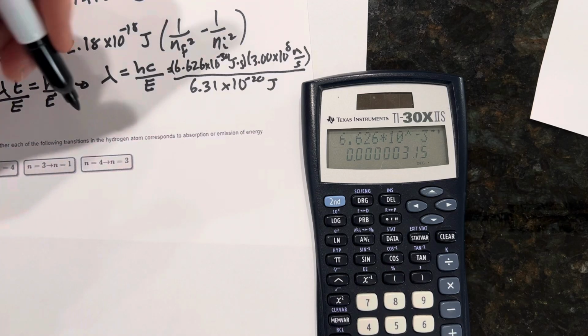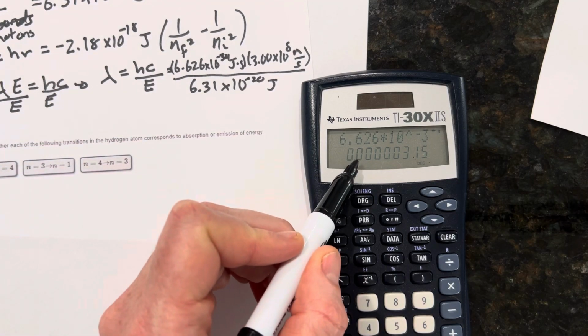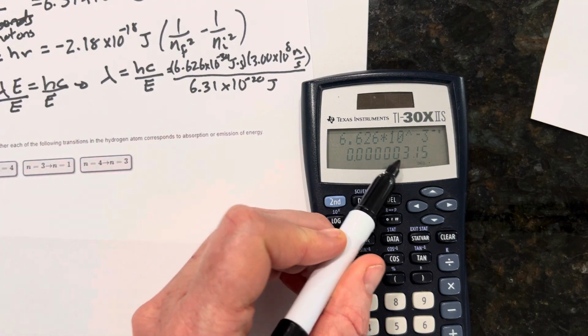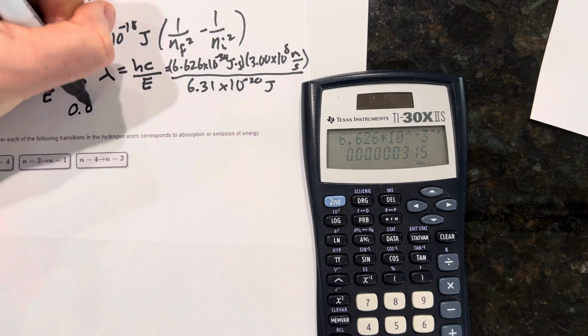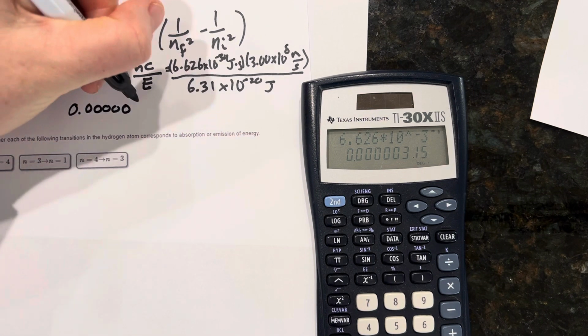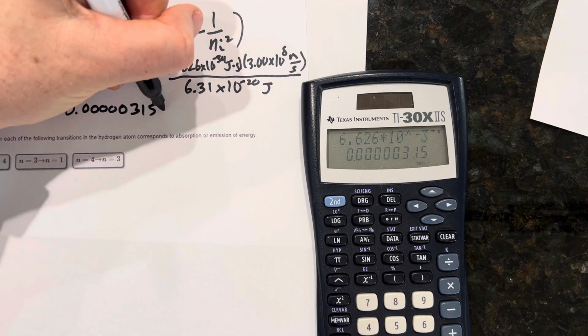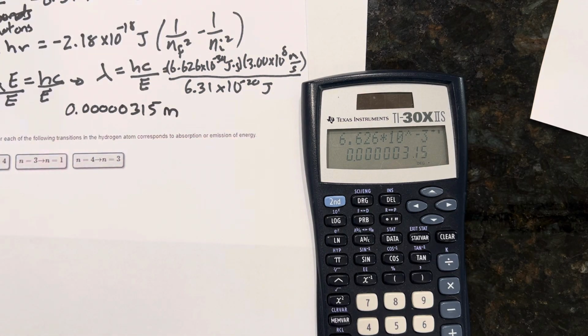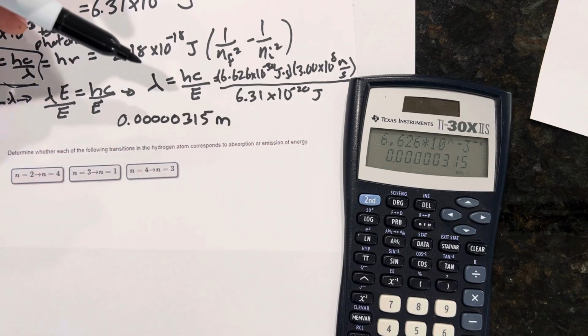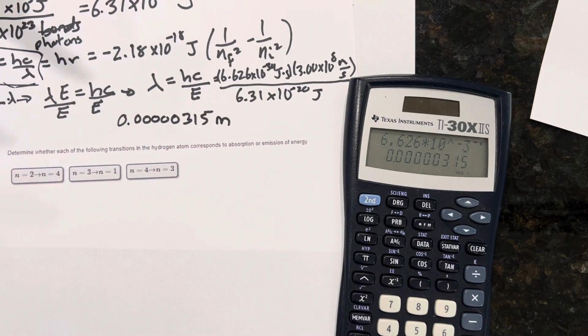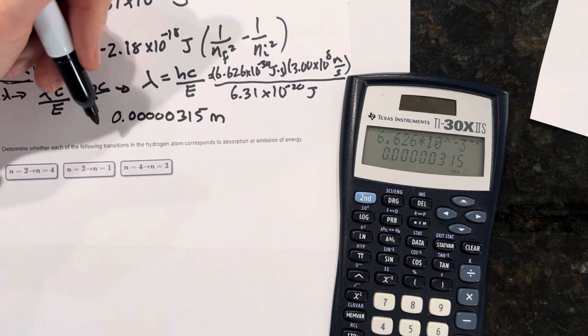Woo! And it's gonna make me count the zeros. I've got 1, 2, 3, 4, 5 zeros and a 3, 1, 5. Meters. So I'm not sure, I didn't copy the question all the way, but it probably asks for the answer in nanometers, I'm guessing. So this is in meters.